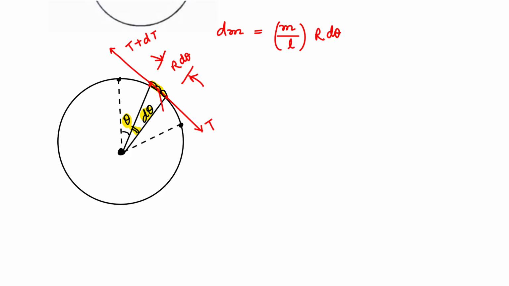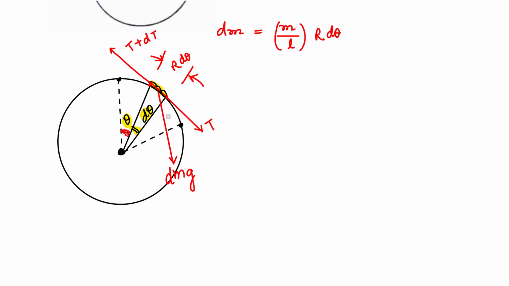In this case another force is mg, acting in the downward direction, and the mass is a small dm, so let's write it as dm g. Now what will be this angle? Since d theta is very small, this angle will be theta. Since this angle is theta, this angle will also be theta because d theta has no meaning. d theta is very small.